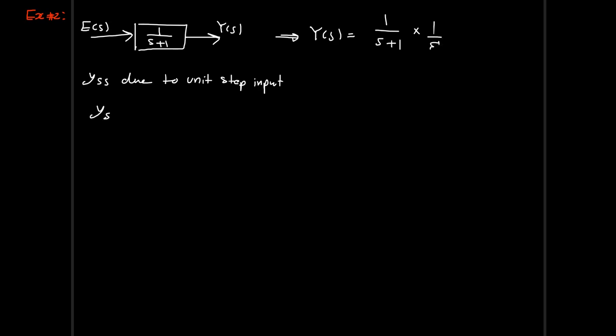So Y steady state in the time domain will equal the limit when t goes to infinity of y of t, which will equal the limit when s goes to 0 of s Y of s, and this, if we evaluate, will equal 1. Now assume a sampler has been introduced.